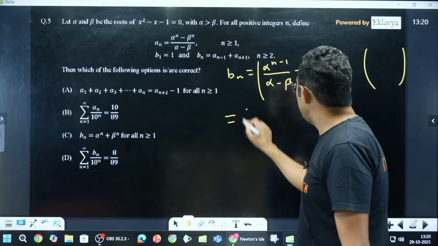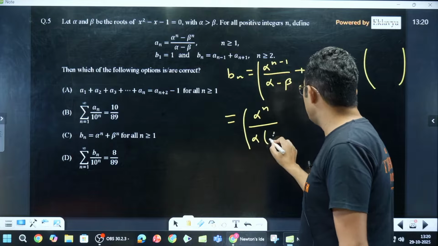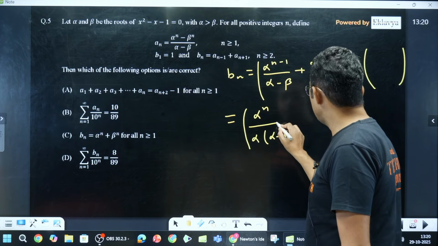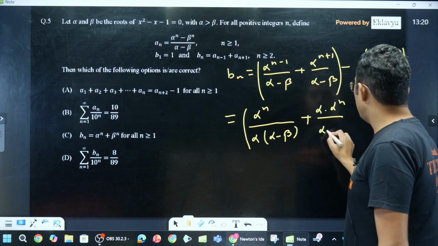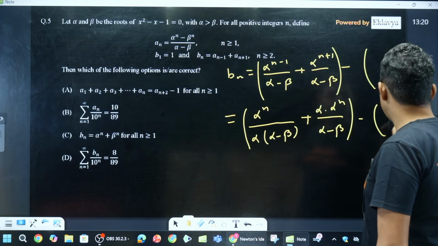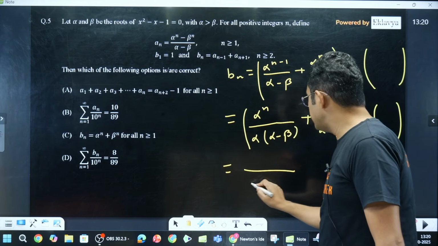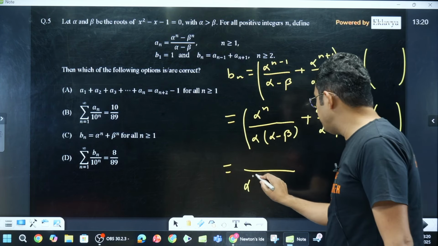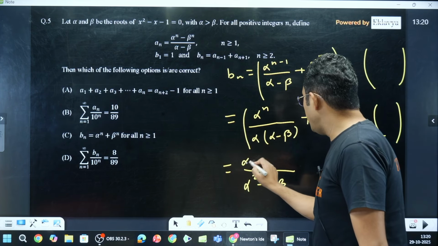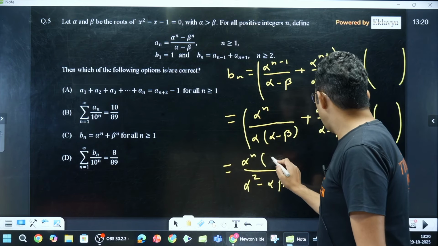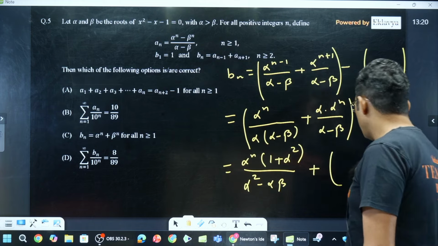Here it will become alpha power n upon alpha into alpha minus beta, and here alpha into alpha power n upon alpha minus beta, minus the same calculation here also. If you take LCM, it becomes alpha into alpha minus beta, which I can write as alpha square minus alpha beta in the denominator, and alpha power n common, and this will be 1 plus alpha square. Same for beta also.